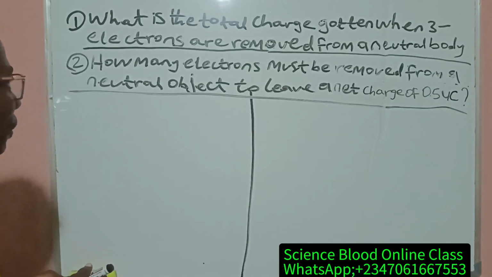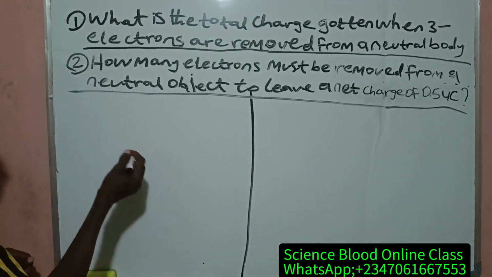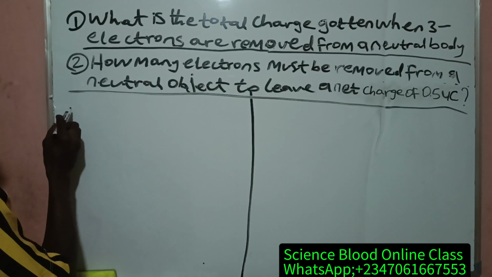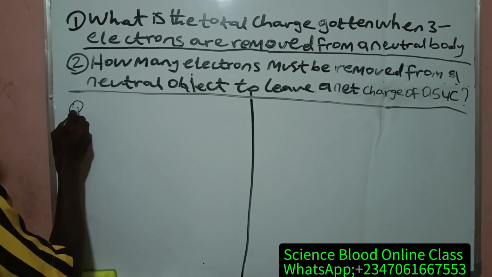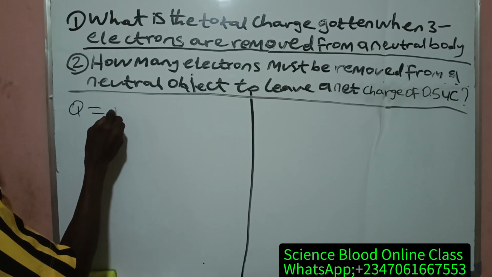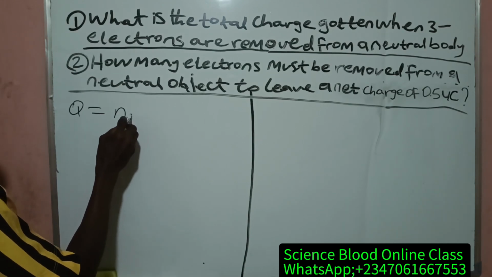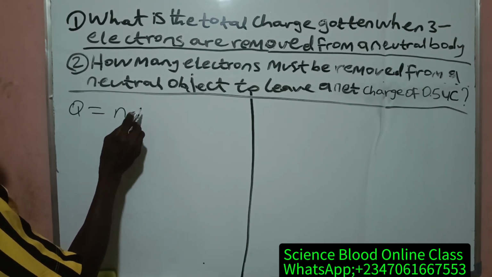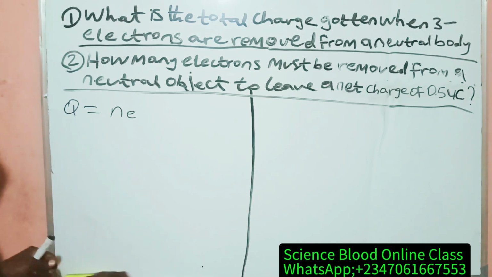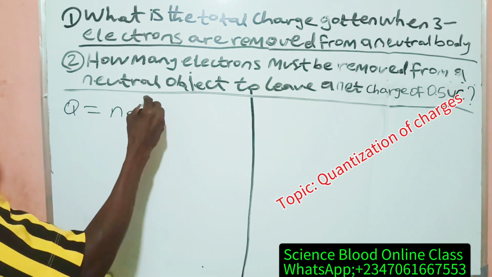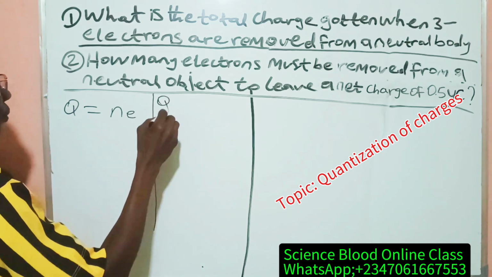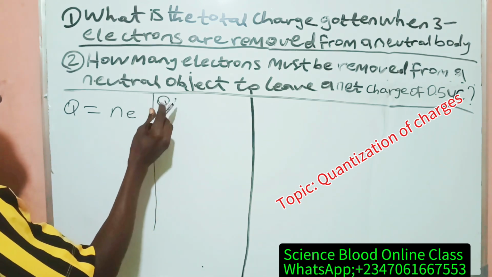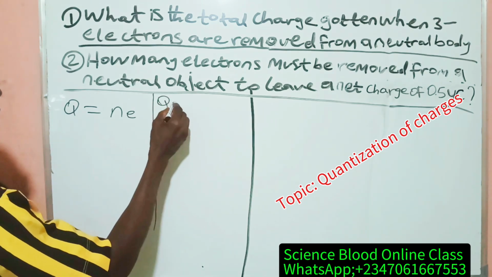Now, for this question on the board, you can remember the formula to be used under quantization of charges: Q equals N E. In knowing this, Q is the one we are looking for.